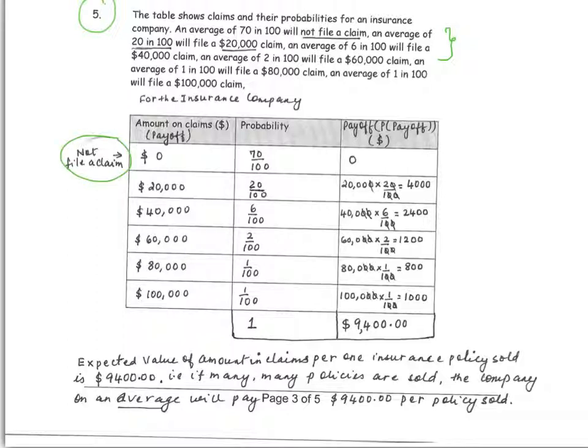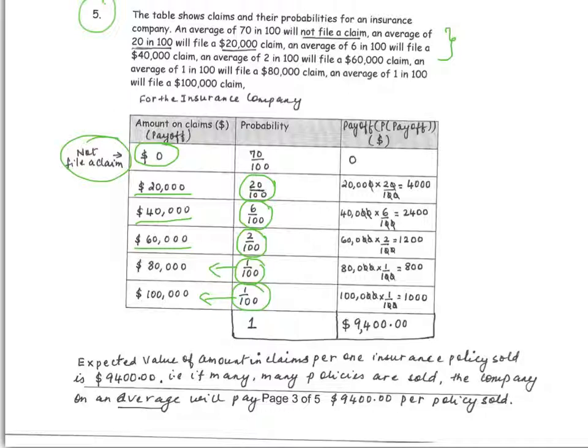Not filing a claim would mean that the insurance company pays nothing, and that happens 70% of the time. 20% of the time, the insurance company might have to pay $20,000. 6% of the time, it might have to pay $40,000. 2 out of 100 is the probability that it will pay $60,000 in a claim. 1 out of 100 chance that it will pay $80,000 in a claim, and 1 out of 100 chance that it will pay $100,000 in a claim.